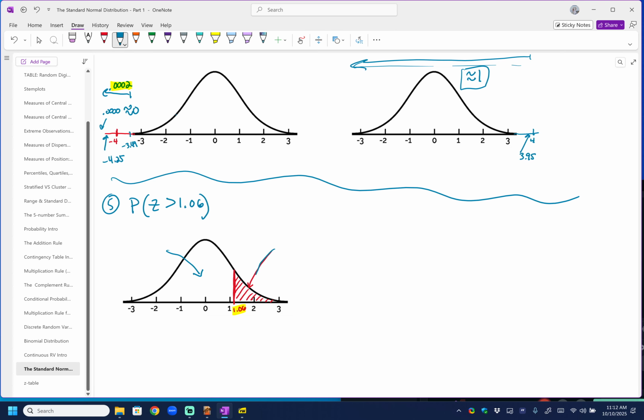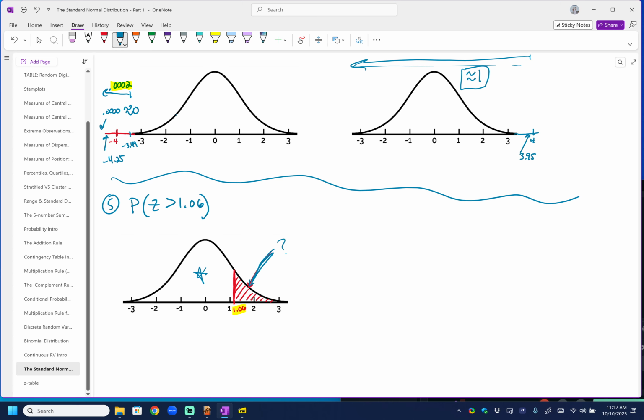How do we pull that off? Very easily. We know that the area underneath the curve, totally, the whole thing, is 1. So all we have to do is look up 1.06, find the area to the left of it right here, and then subtract from 1, and that's going to give us our missing area.